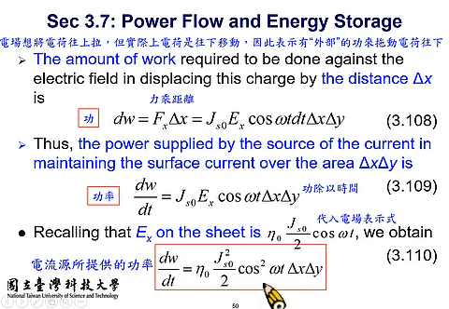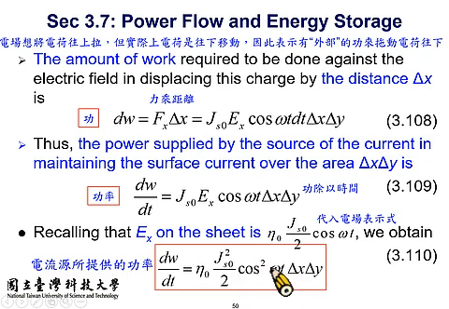So you can see that the power delivered by the current source in this area, delta x delta y, is this, which is proportional to the amount of current density J sub S0, and is proportional to the square of the cosine omega t function.